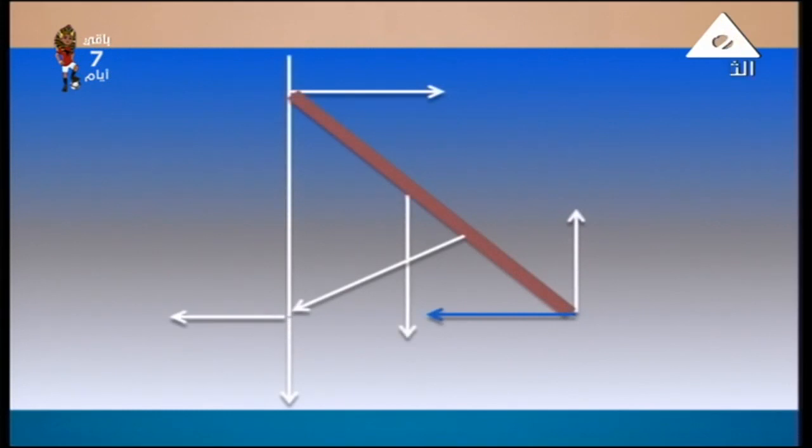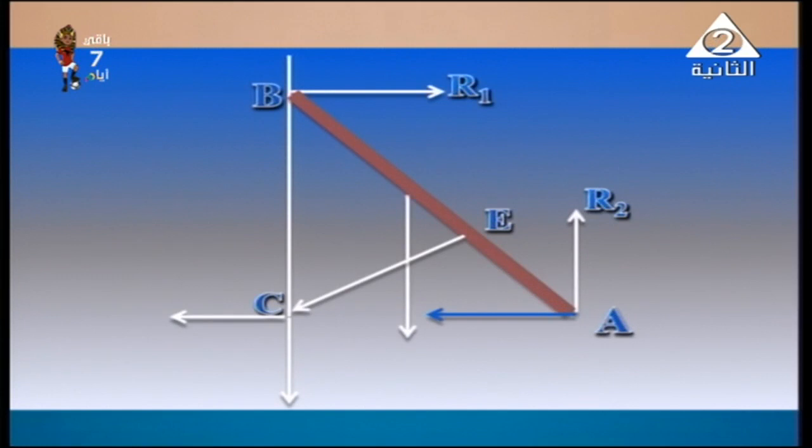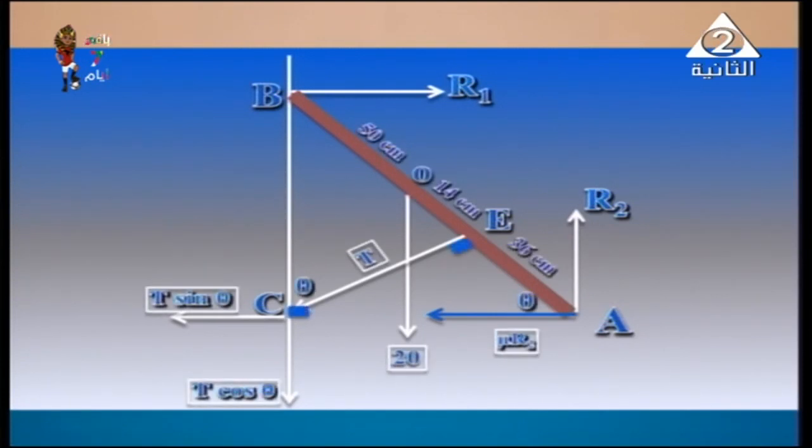My dear student, look at the ladder AB between the wall and the ground. R2 is the reaction at A, R1 the reaction at B. Look at the weight of the ladder, equal 20 at the midpoint.